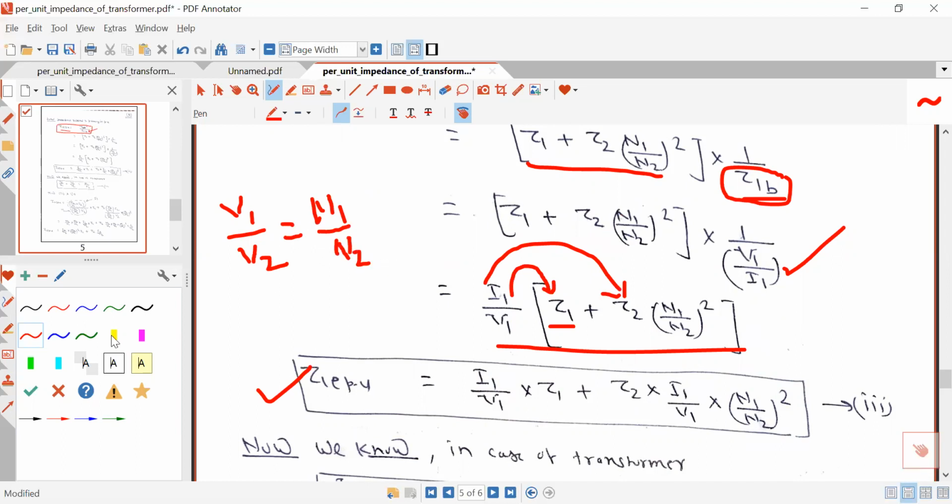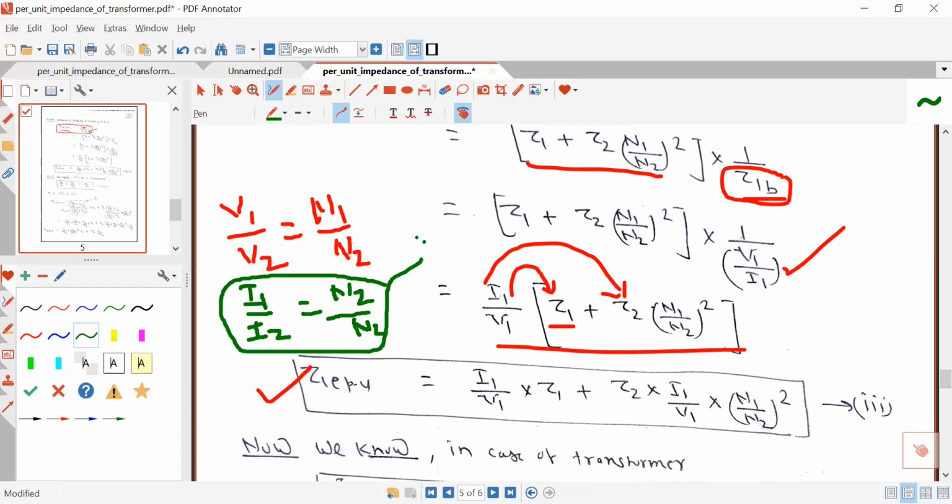And the second formula is I1 by I2 equal to N2 by N1 under a certain condition. This happens when you ignore the no load current I naught, because I naught is very small and can be ignored. This relationship is true when you ignore the drop.